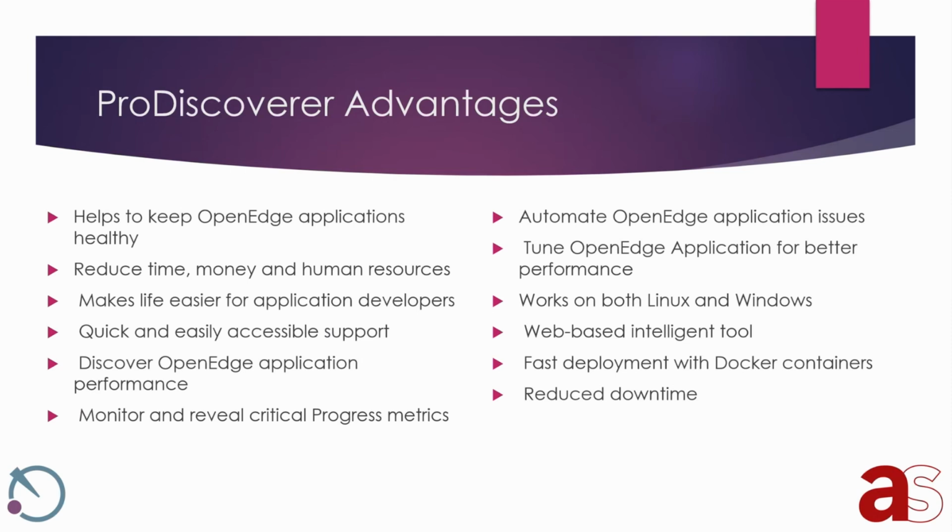Quickly and easily be able to access all your PAS instances, optimize your application performance, and keep an eye on various metrics that are critical for your Progress application. We can also add on top of that automating various things, tuning your application, checking metrics, and seeing whether you need to adjust your application performance. So there's a lot of different things that you get out of the box once you've got ProDiscoverer in place.